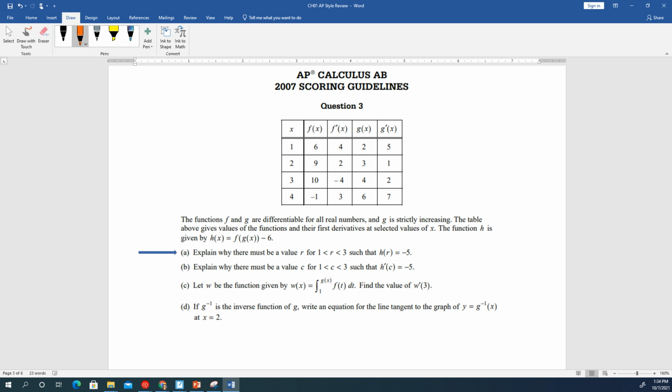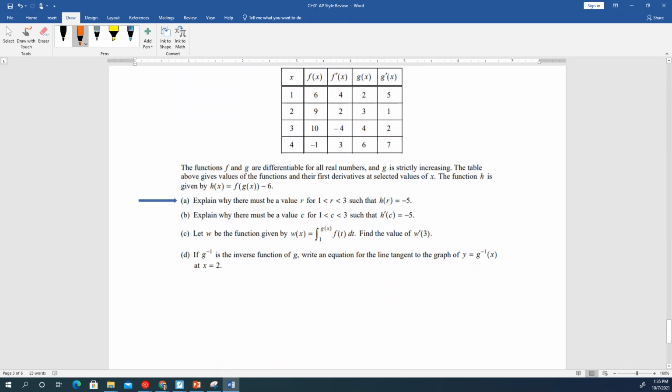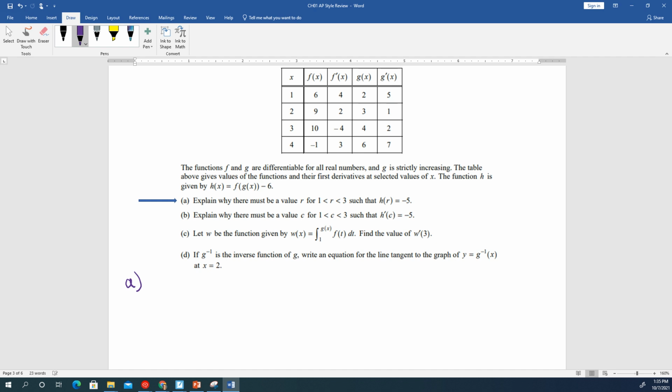We have to explain why there's a number between 1 and 3, so there's your interval, that gives an output of negative 5. So first, in the intermediate value theorem, we have to state that it's continuous. Now, we're learning this in 2 days, but if something is differentiable, meaning we can take its derivative, then it's continuous.